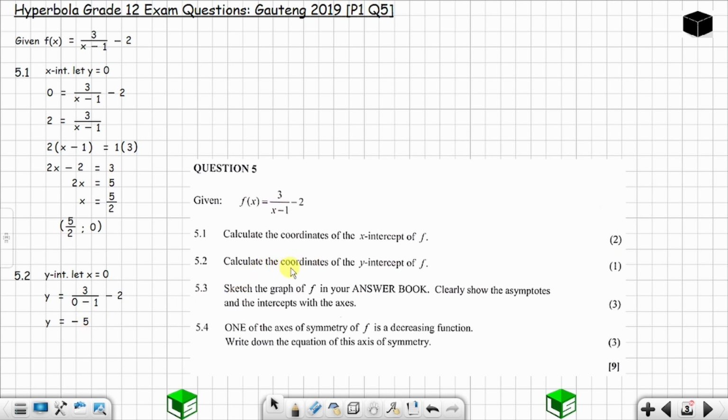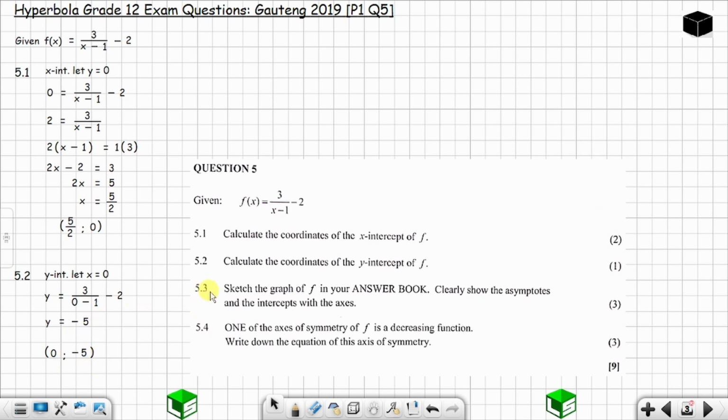So this is going to be 0 and minus 5. Remember at the y-intercept, x is equal to 0. The first coordinate is always x and the second coordinate is always y. So these are the coordinates of the y-intercept. Okay, so we carry on.